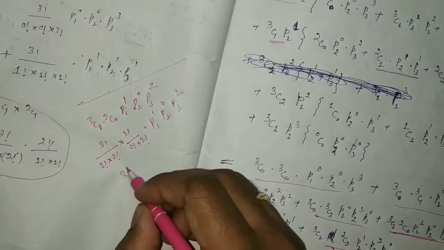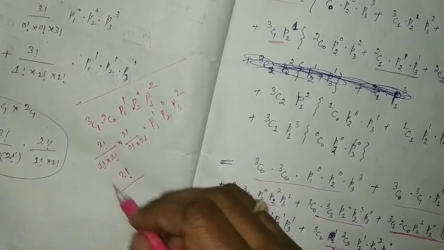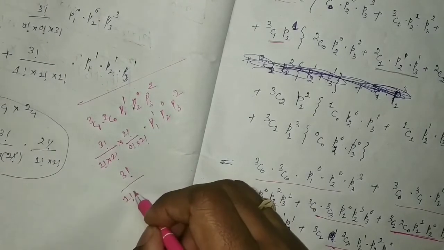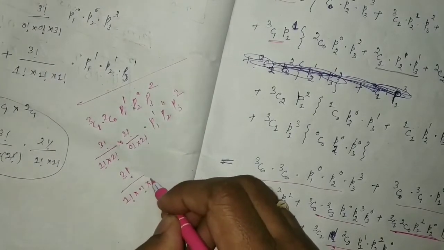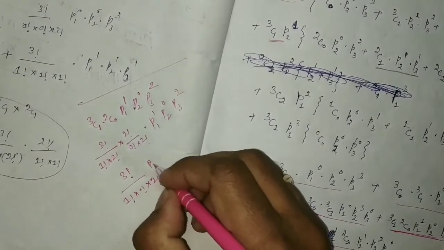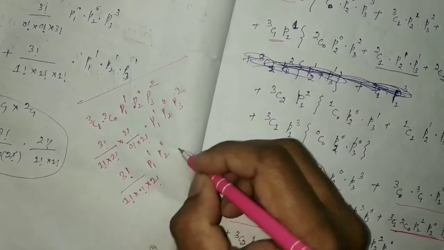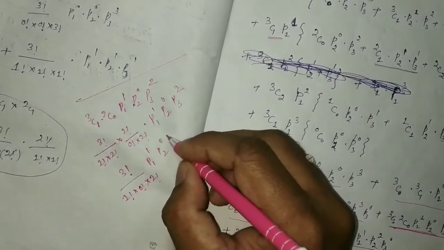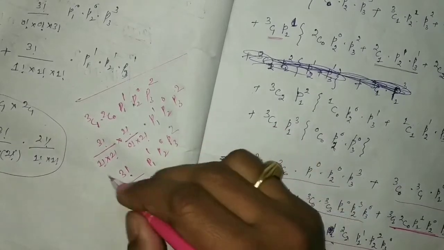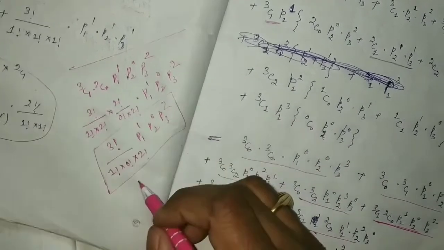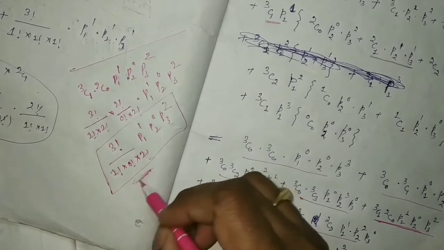So this is nothing but 3 factorial by 1 factorial into 0 factorial into 2 factorial, into p1 to the power 1, p2 to the power 0 and p3 to the power 2. Okay, this also gives the same type of term.